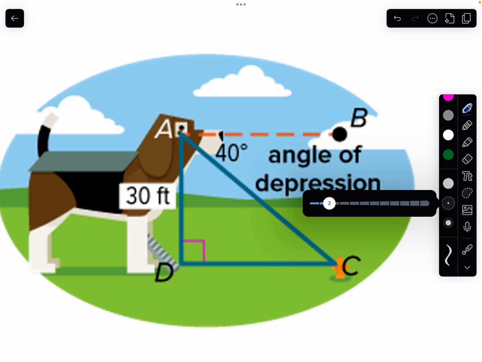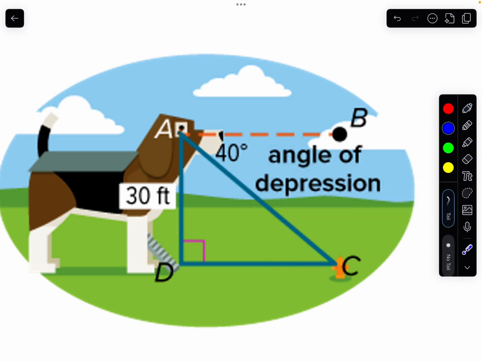And my angle of depression, I've got alternate interior angles. So my angle of depression makes 40 degrees inside the triangle with my horizontal line.